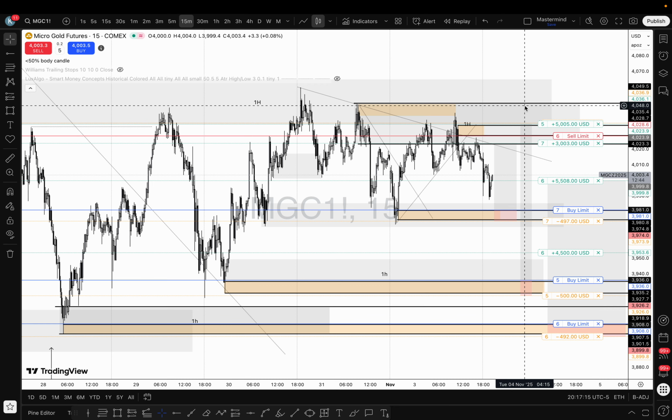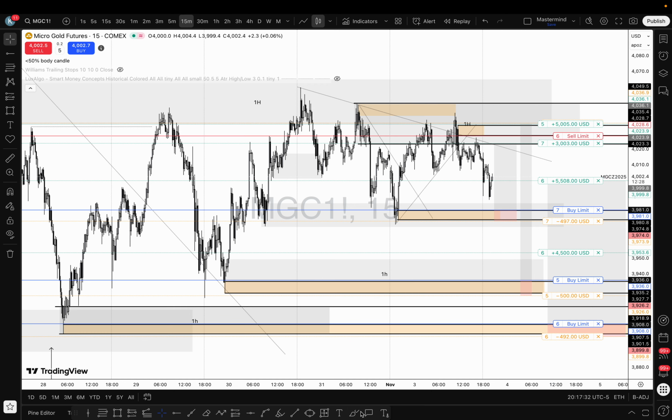Supply and demand is an imbalance in the market. Demand is where there's more demand to buy. Supply is where there's more supply to sell. Where there's a lack of supply and demand, the market just consolidates.